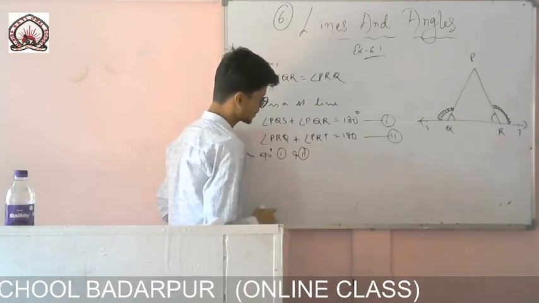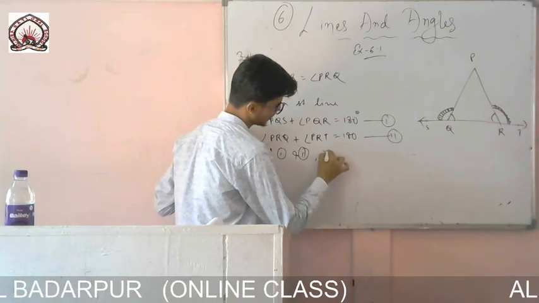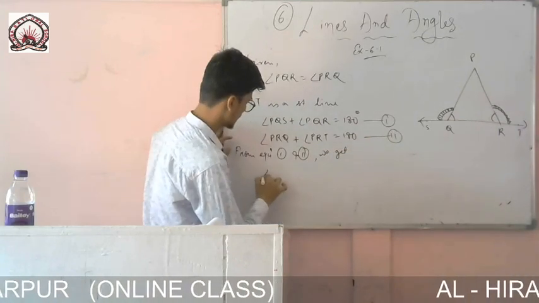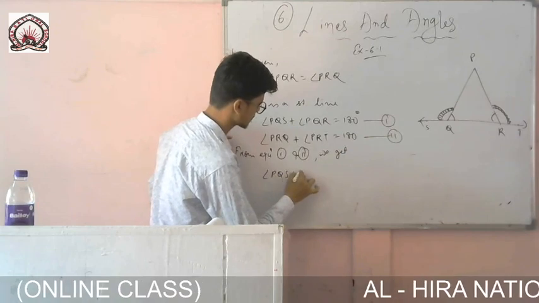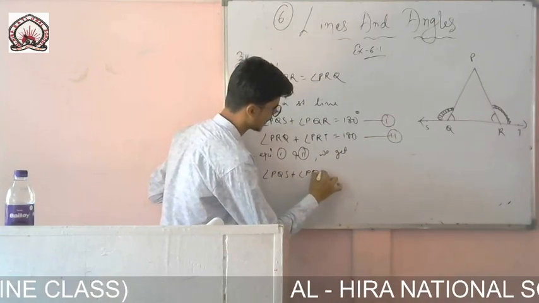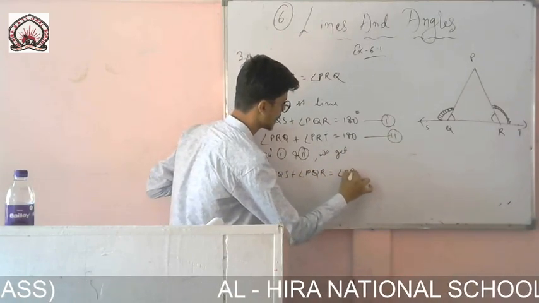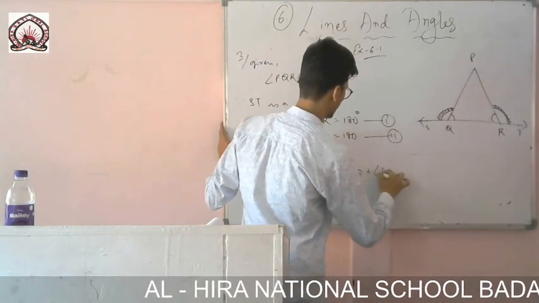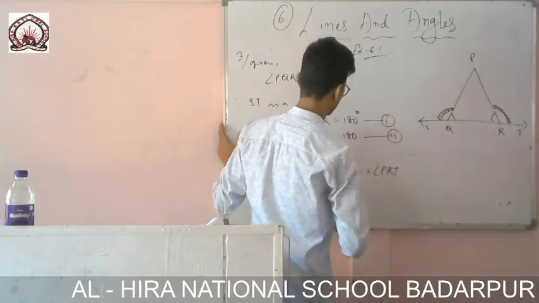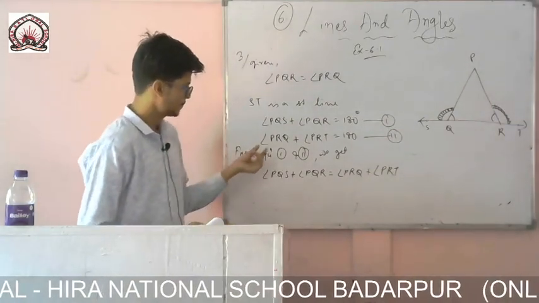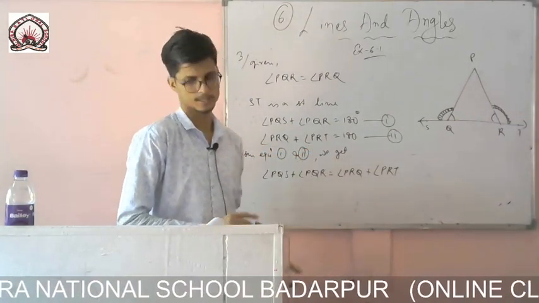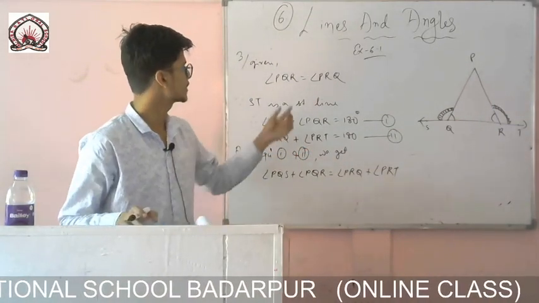from equation 1 and 2 we get angle PQS plus angle PQR is equal to angle PRQ plus angle PRT. Okay. Now you see one thing.